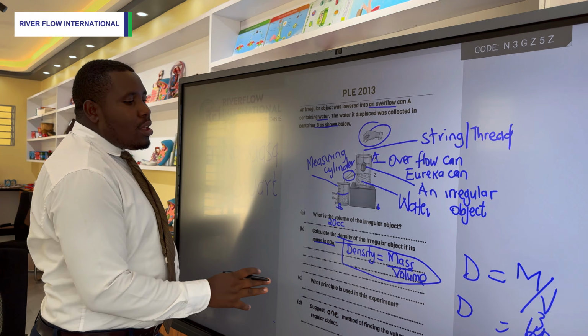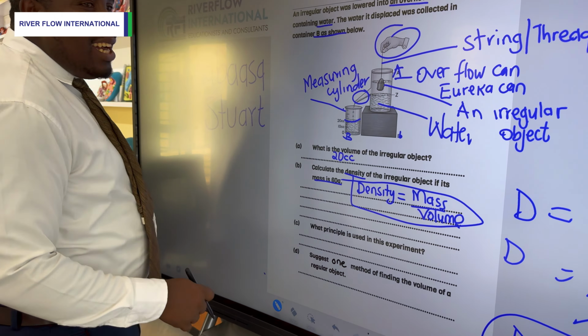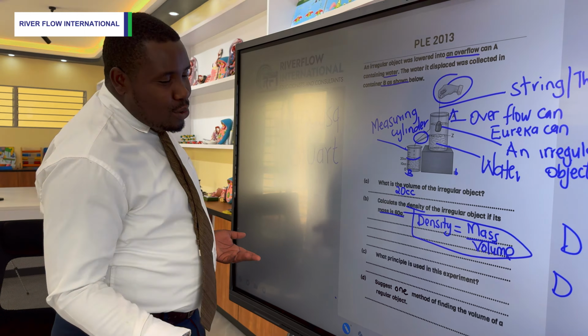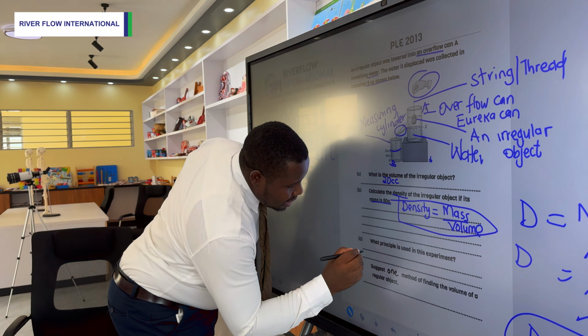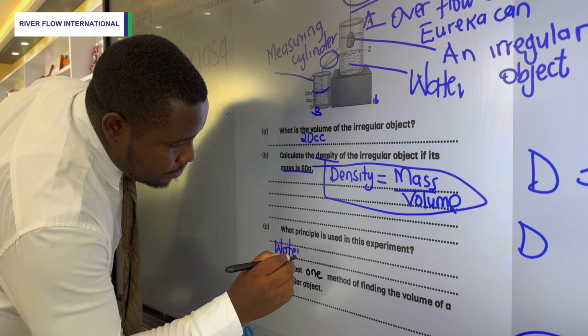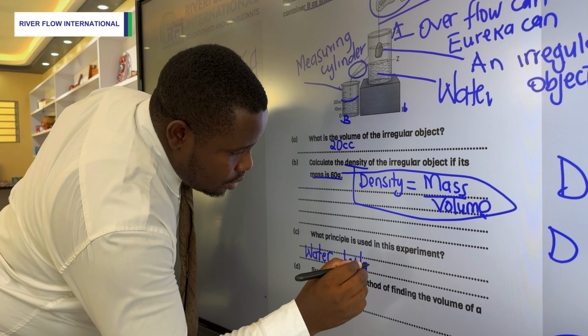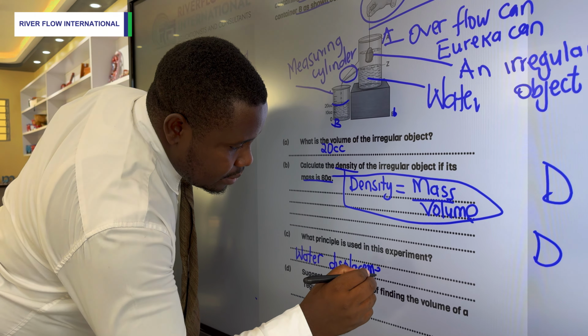Then we come to the principle. What principle is used in this experiment? Let's tell us what made it possible to happen. This principle is the principle of water displacement. The principle of water displacement.